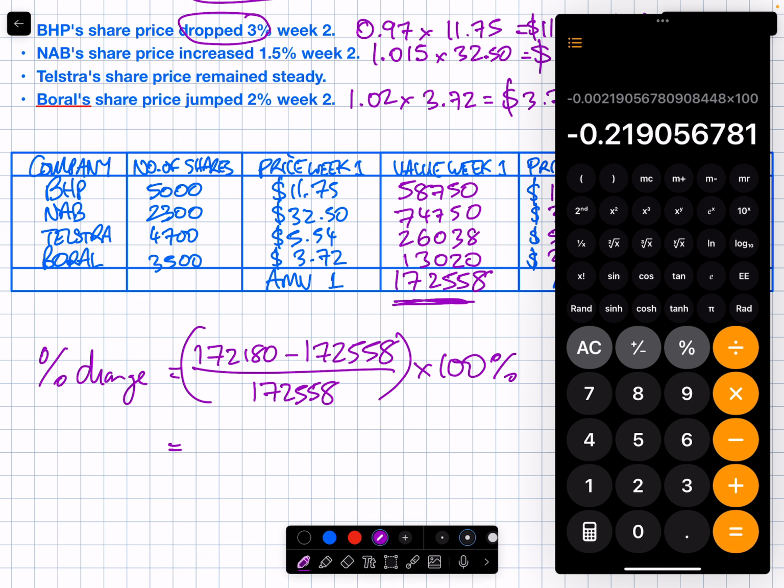It's going to be negative 0.22% to 2 decimal points, therefore 0.22% decrease.